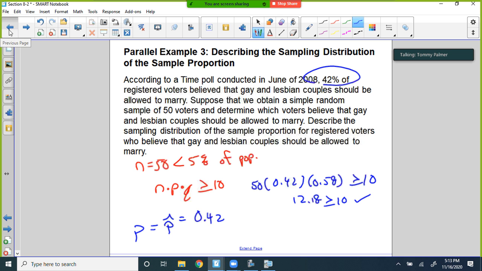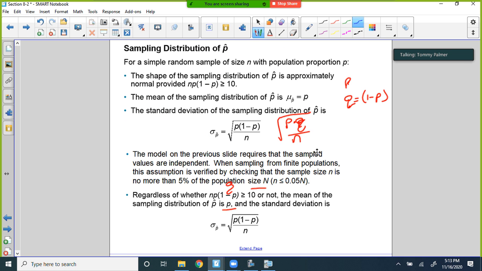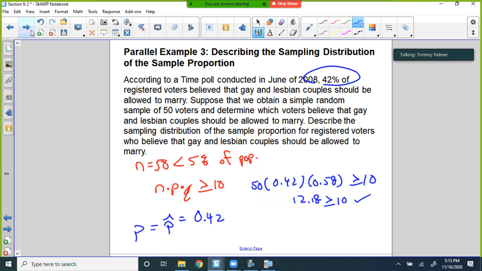We saw that right here. And then for the standard deviation of p hat, that's equal to the square root of p times q over n.